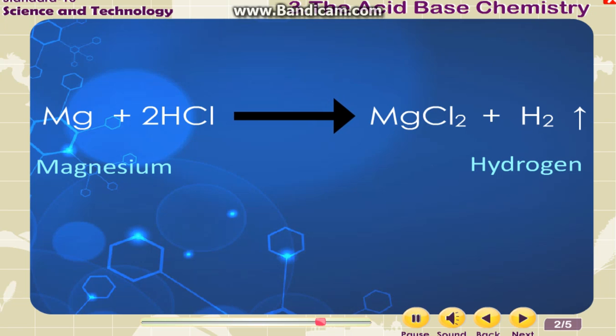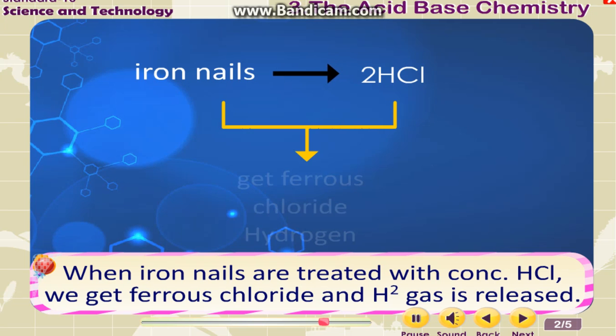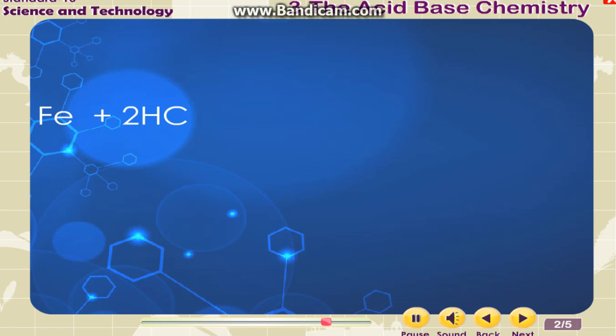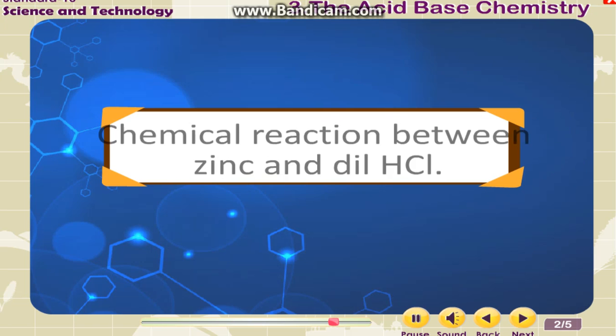Magnesium gives magnesium chloride and hydrogen. When iron nails are treated with concentrated HCl, we get ferrous chloride and H2 gas is released. Fe plus 2HCl gives FeCl2 plus H2 gas is released. Iron gives ferrous chloride and hydrogen.